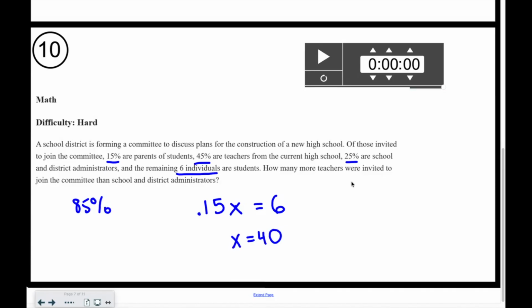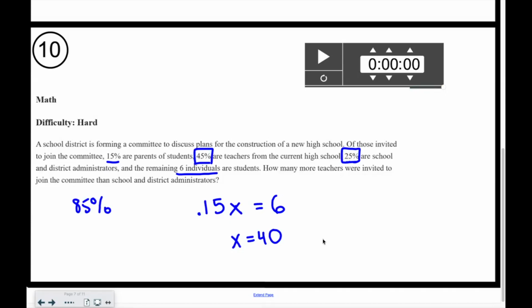Now, a little bit of a shortcut we can do is how many more teachers were invited to join than school and district administrators. Well, 45% were teachers and 25% were administrators. So the percent more is 20% because 45 is 20 more than 25.